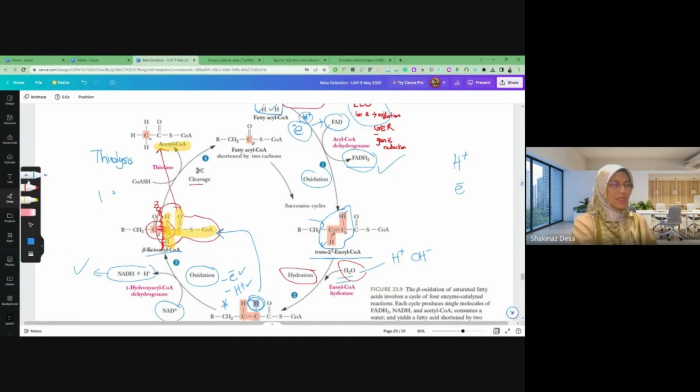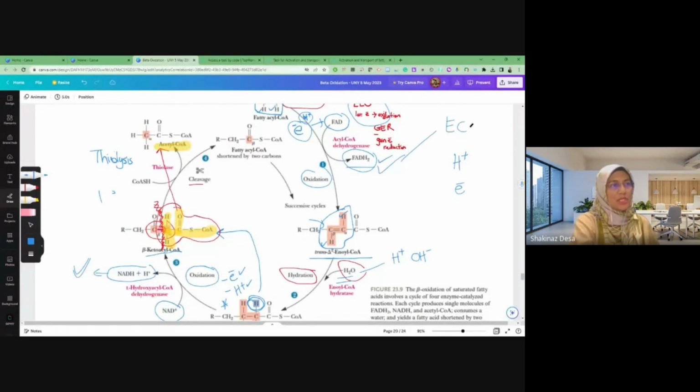So what happened to acetyl-CoA? It can go straight into the citric acid cycle. What happened to FADH2? It can go into the electron transport chain. What happened to NADH? It will go to the electron transport chain to produce more energy, to produce ATP.